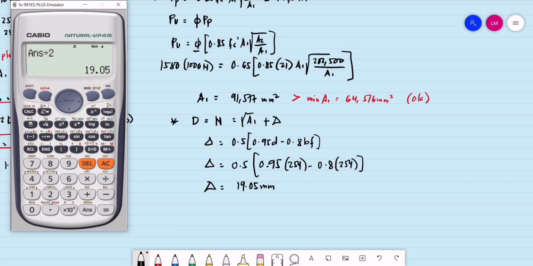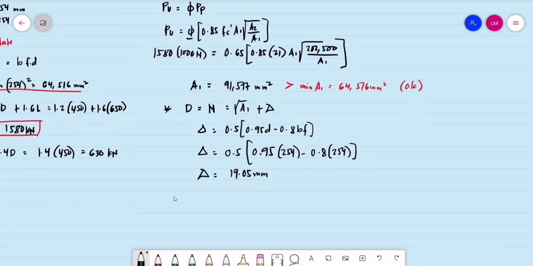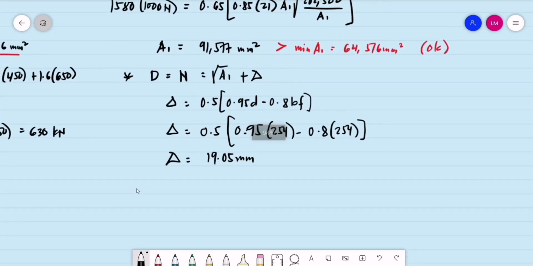Okay, let us double check. That is 0.5 of 0.95 of 254 minus the 0.8 of 254. All right, that is okay. We have 19.05. So again, we can now compute for the dimension N of the base plate.